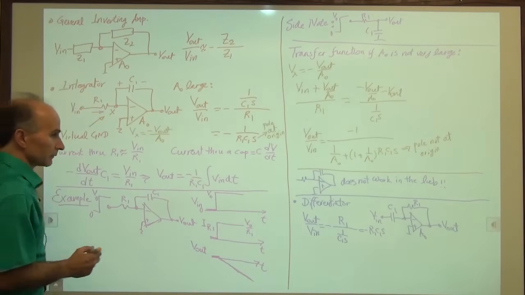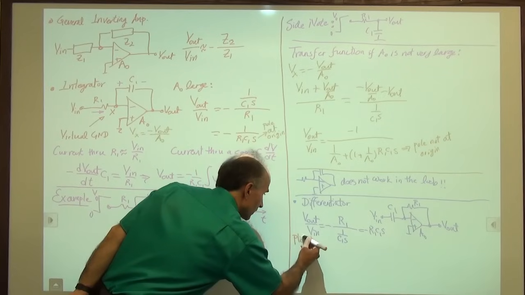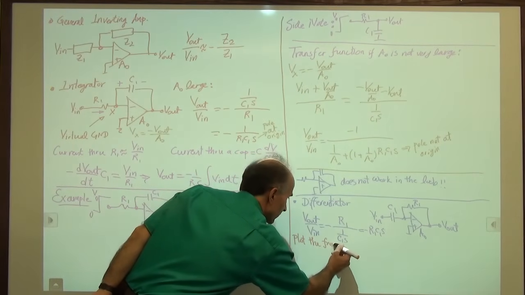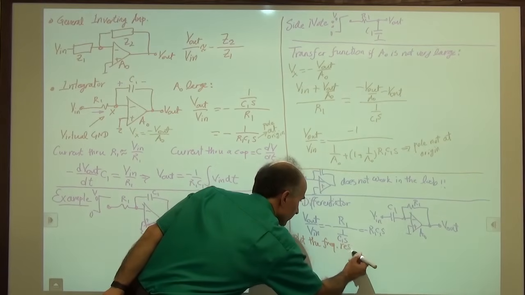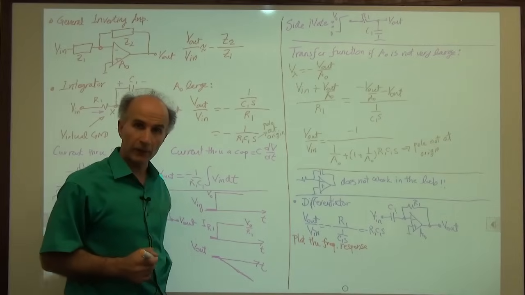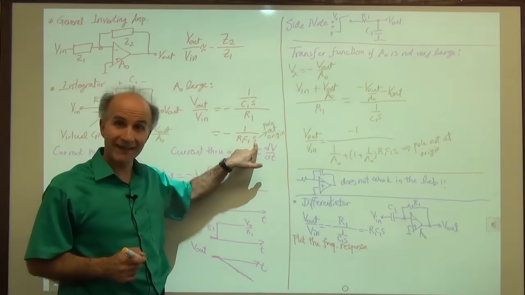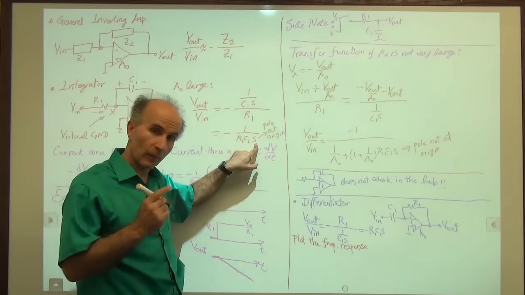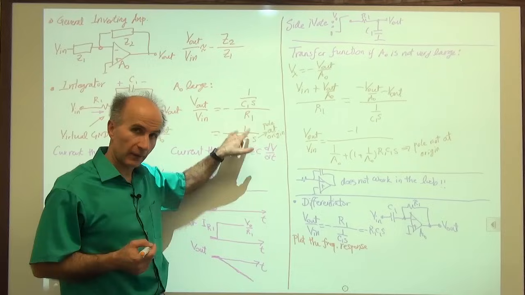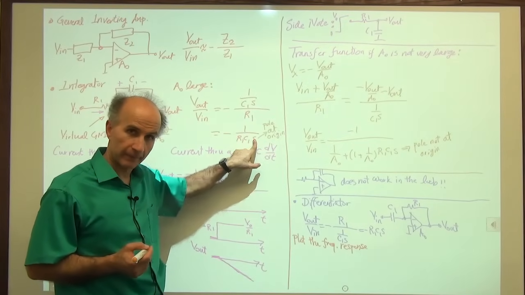So let's plot the frequency response. This is something that you have learned in basic circuit theory. And to plot the frequency response, what we do is we replace s with j omega, pretending that the input is a sinusoid. We take the magnitude of this and then plot it as a function of omega.